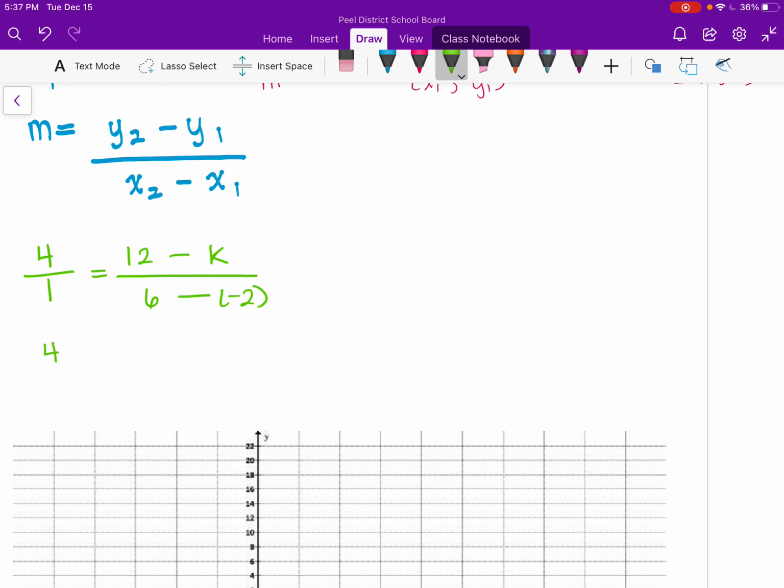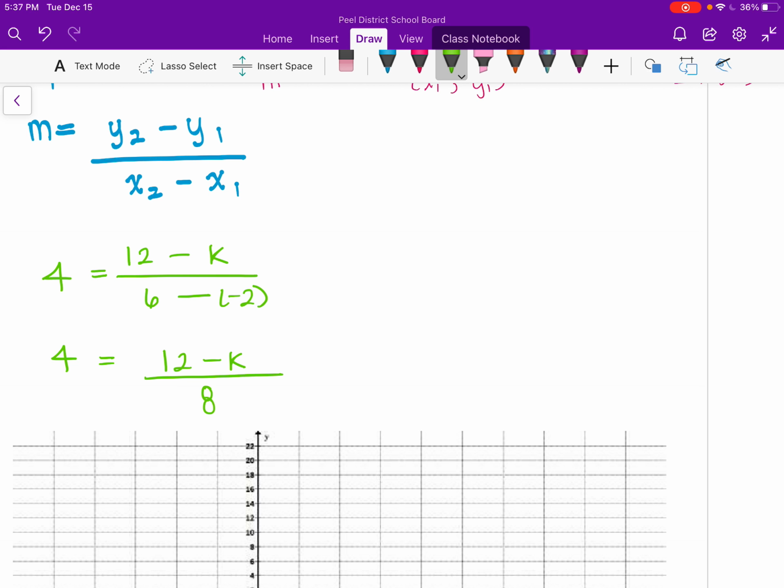So I'm going to do 4 over 1. Maybe I'll leave the over 1 for now, just so that it doesn't become annoying in the future. So 4 is equal to 12 minus k, and just solve that bottom one. 6 plus 2 is going to give me 8. Right?